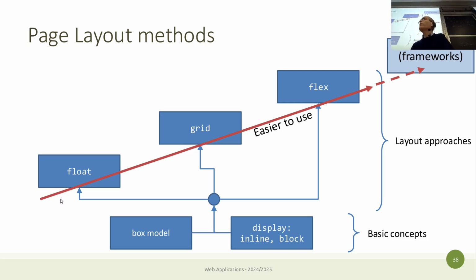Actually, over time, CSS has, let's say, created and made available different layouting methods. So first of all, there were the floats. Then they introduced the grid. They introduced the flex.